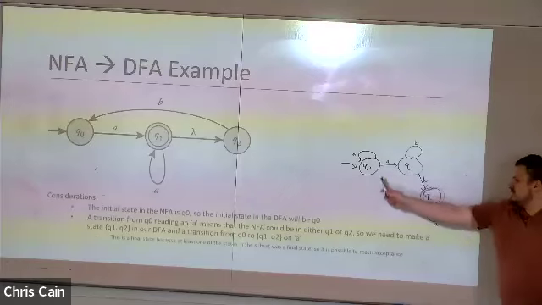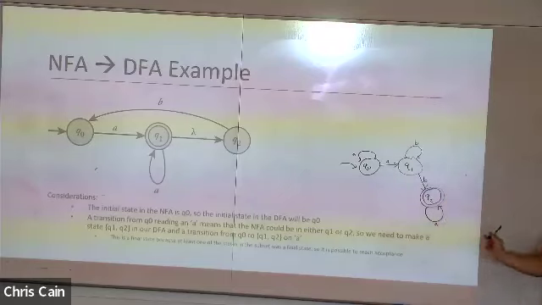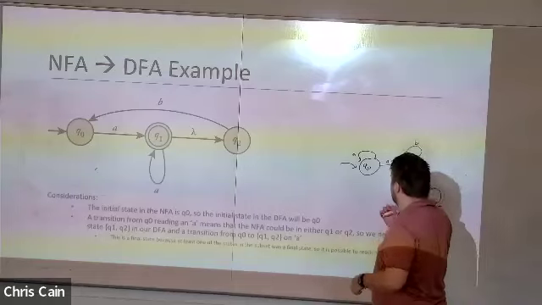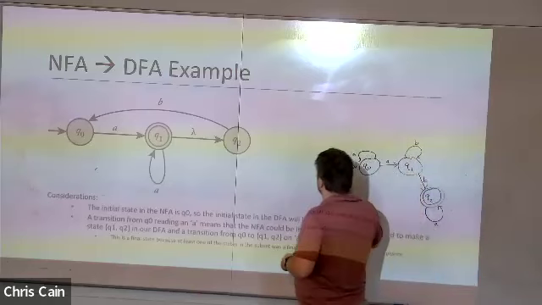There were no lambda transitions in this NFA, so we don't need to worry about it. The starting state of our resulting DFA is just going to be Q0. I guess let's start building an associated DFA.